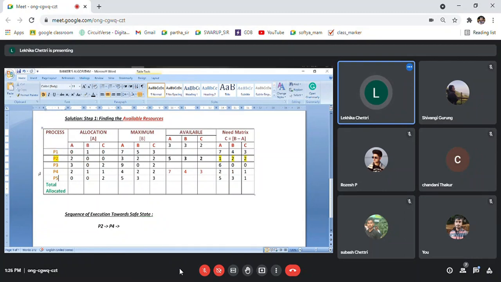When I solved, I had ended here, so I started from where I had left. See here, after P4, the updated available value was 743 and P5 needed 531, so I chose P5 to execute.